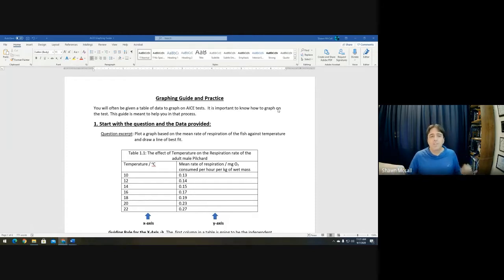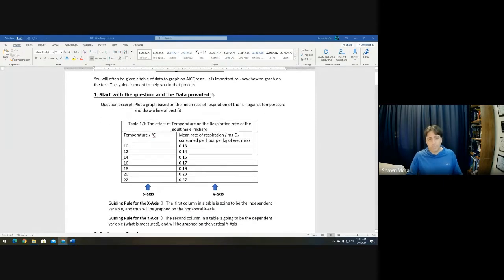So here we go. Number one, start with the question and the data provided. This is an example from an ACE Marine test, an old one. It says, plot a graph based on the mean rate of respiration of the fish against temperature and draw a line of best fit. Now, a couple of nice things about this particular prompt is that it tells you what kind of graph you need to do. Line of best fit, right? Which is kind of nice.